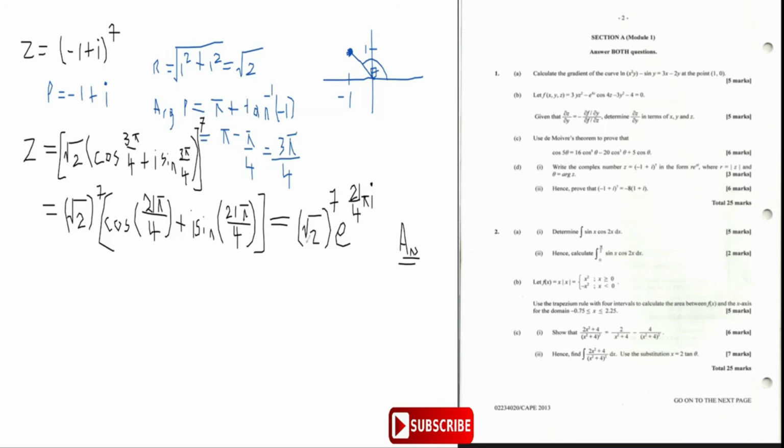But they said hence, so we need to use this principle. That's why I did it this way, you know, guys. It's a good thing I did it this way. I'm so happy I did it this way now.